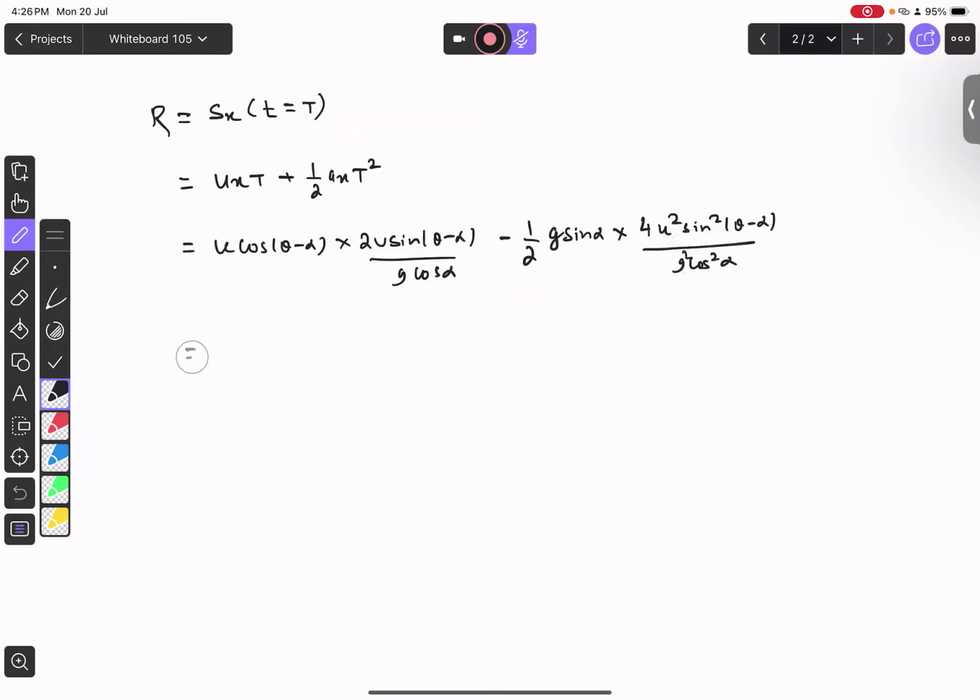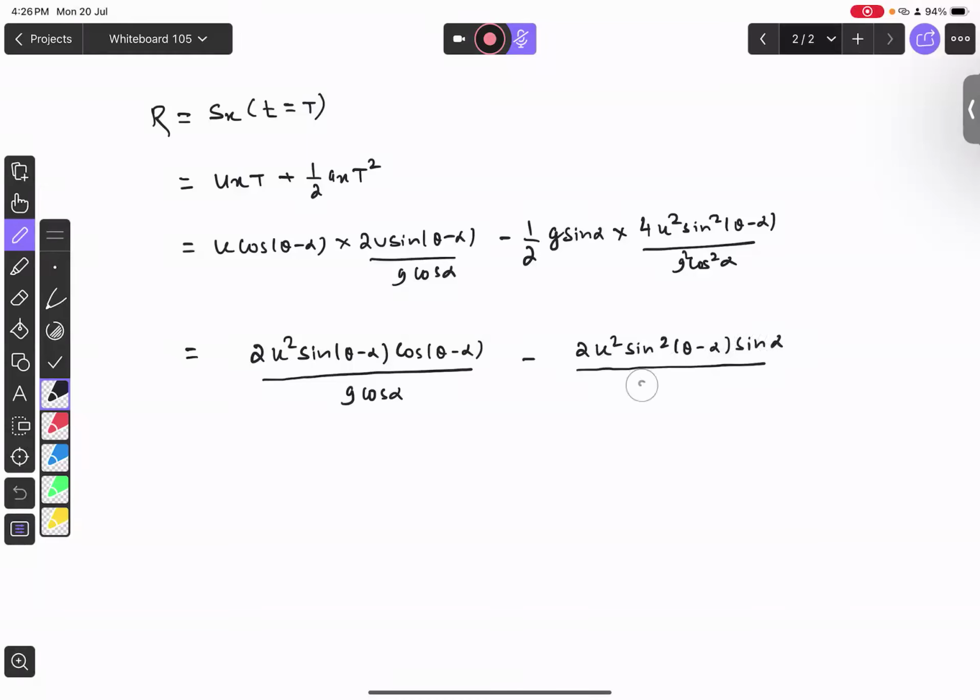So if you simplify it, it's going to become 2u square sin theta minus alpha into cos theta minus alpha by g cos alpha, minus 2u square sin square theta minus alpha into sin alpha by g cos square alpha.